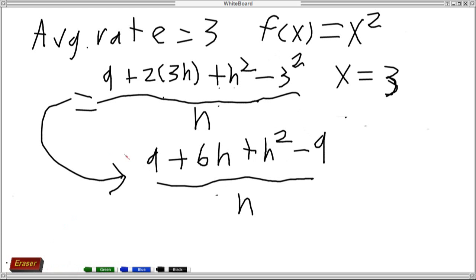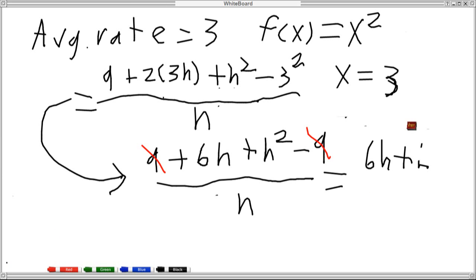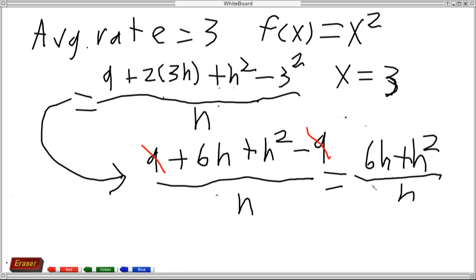Now notice 9 minus 9, so we can cancel these out, and what we have left is 6h plus h squared divided by h.